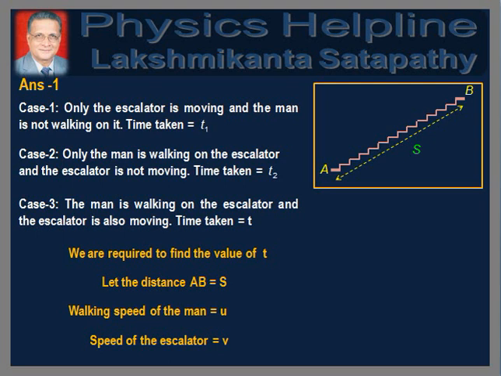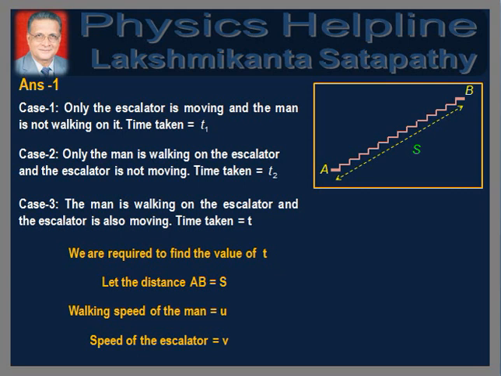In the third case, he walks up the moving escalator to reach the top. Let the time taken in this case be t. We are required to find the value of t in terms of t1 and t2. In the figure, A and B respectively are the bottom and top of the tower.